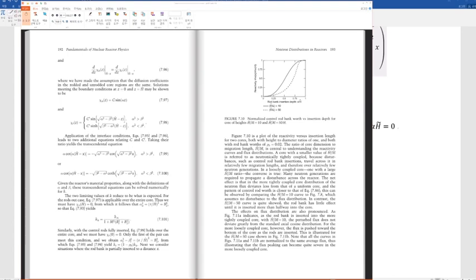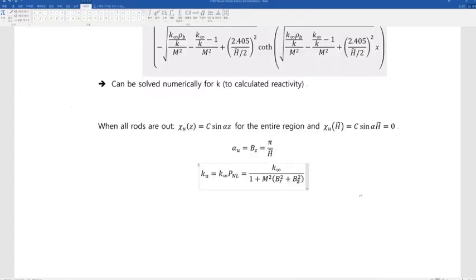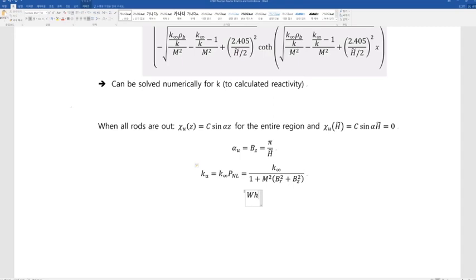So similarly, when all the control rods are fully inserted, in that case all the volume will be loaded, and this is chi_RG for the entire region.